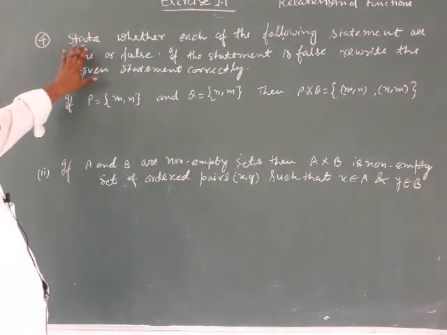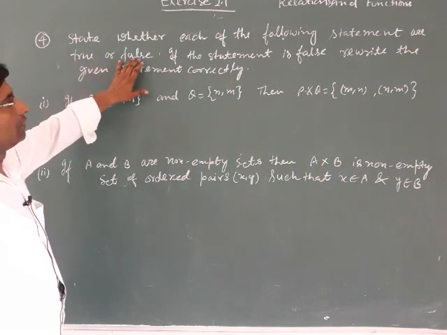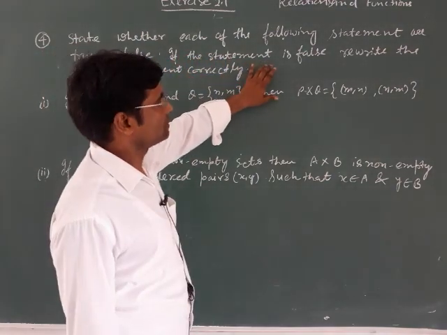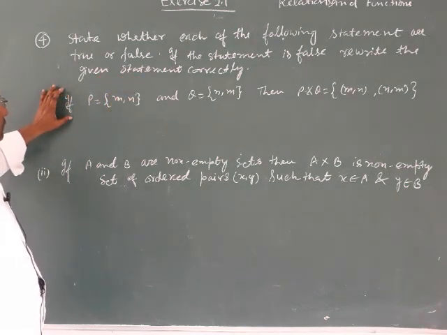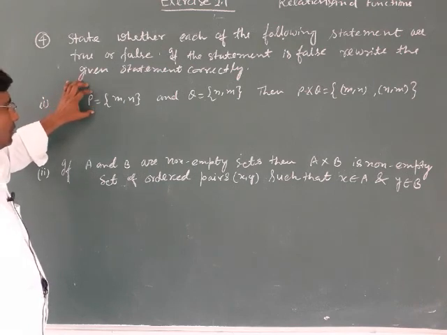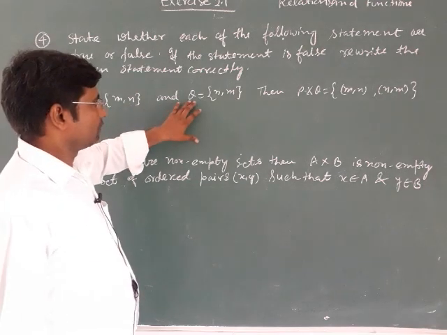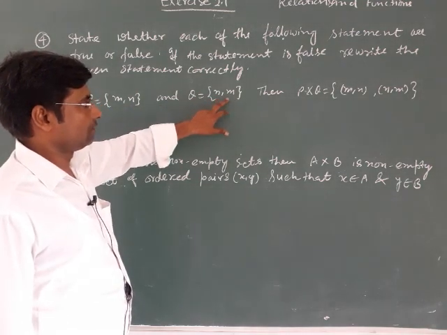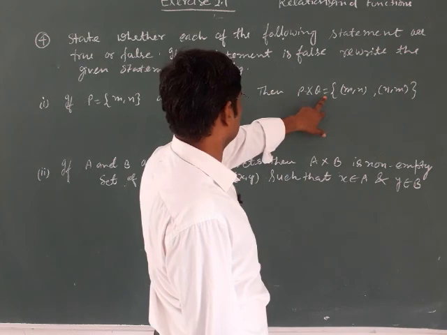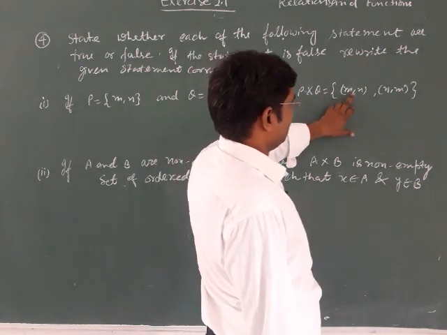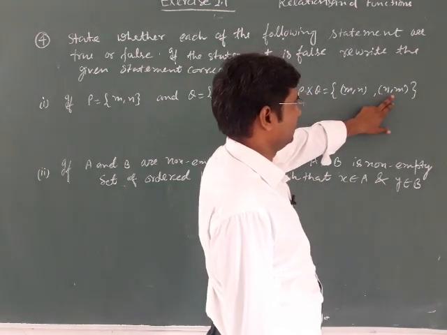Question number 4. State whether each of the following statements is true or false. If the statement is false, rewrite the given statement correctly. First part: if set P has elements m, n and Q has elements n, m, then P cross Q is equal to the ordered pairs (m, n) and (n, m).